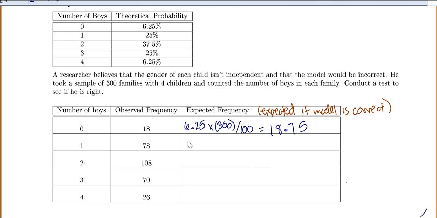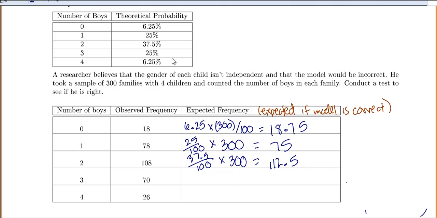Our next one, if it's 25%, that really just means 25 out of 100, and then you times it by your sample size of 300. So we get 75. In our next category for 2 boys, it was supposed to be 37.5%. So a percent just means 37.5 over 100, and then you times it by 300. So you get 112.5.